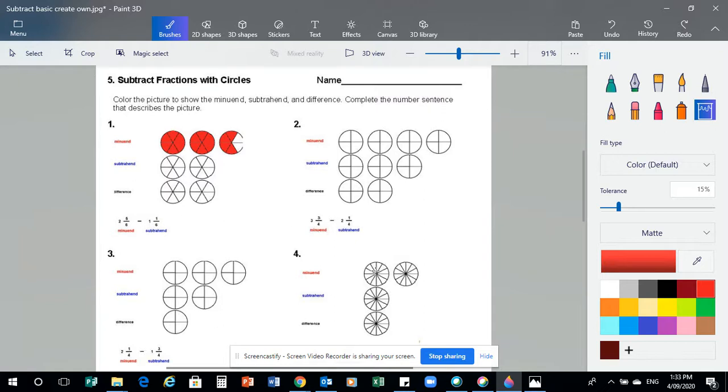All right, then the thing that I need to take away, I do it in blue, and I need to do 1 hole and 1/6. So I got 1 hole and 1/6. Okay, and then you need to find out what the answer is. The way that you figure that out is totally up to you. How I would do it is I'd have a look: if I've got a hole here and a hole here, then basically they cancel each other out.